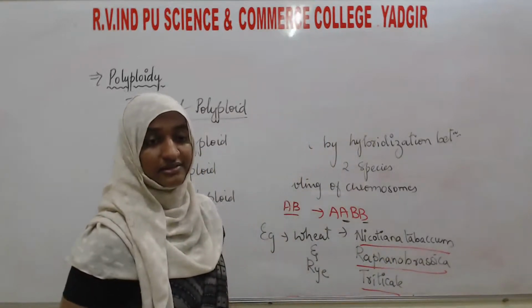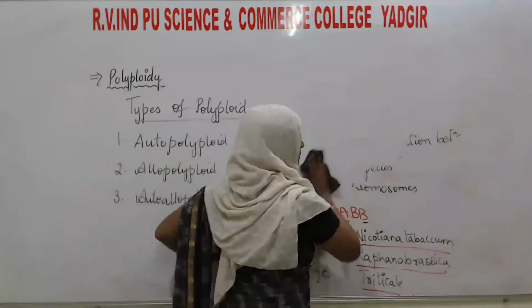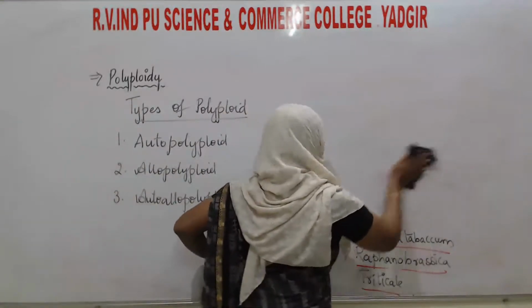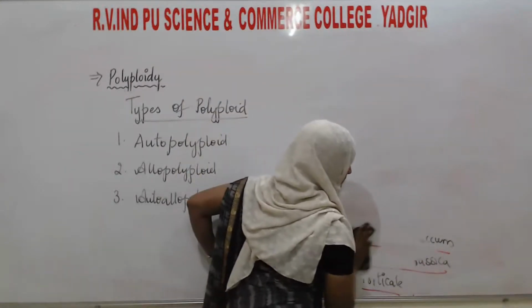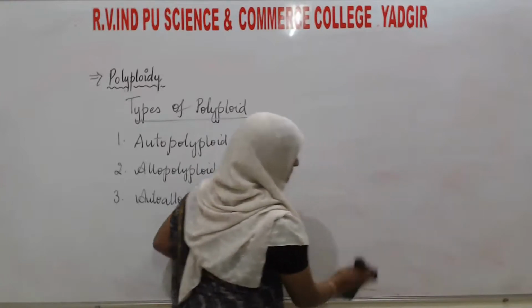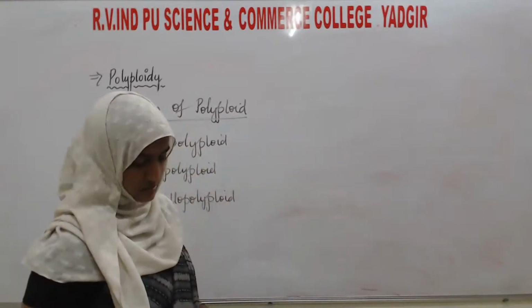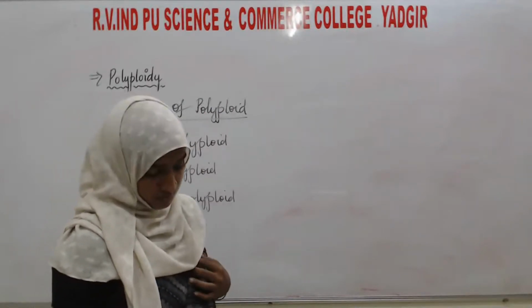And the last one, that is the autoallopolyploid. Let's see here. In the autoallopolyploid, this is the last type of polyploid.